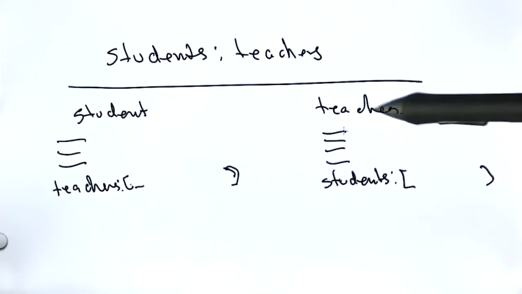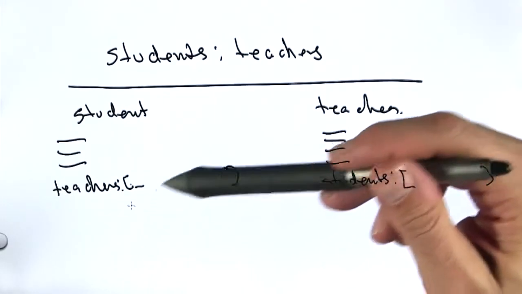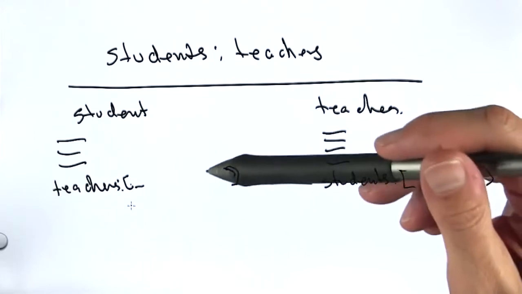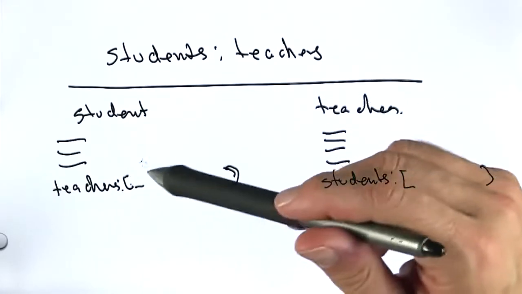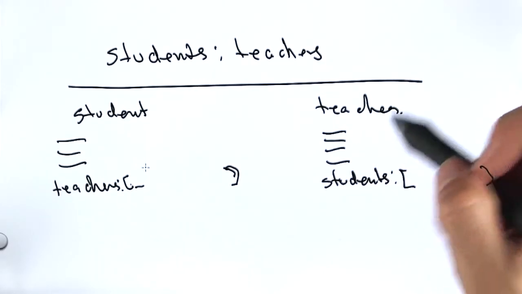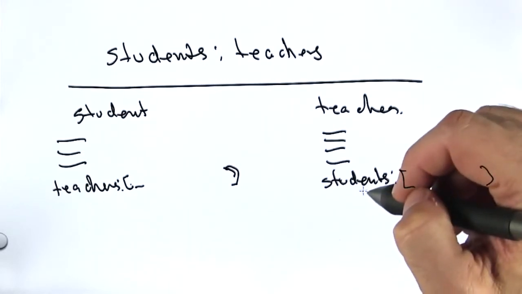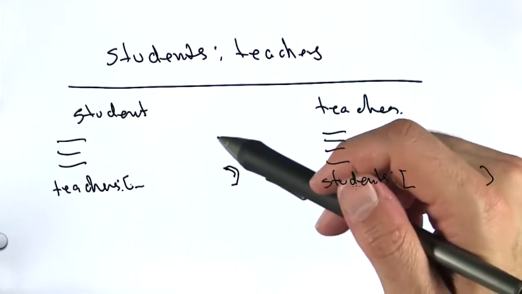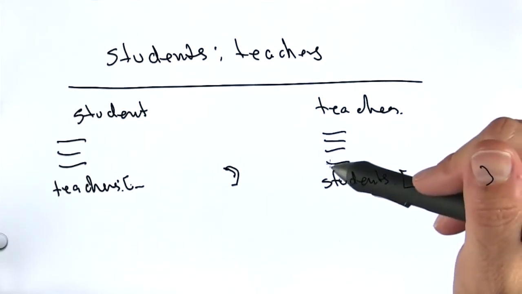Now that wouldn't be a good idea in the case of embedding teachers in the student collection, and the reason is there's a very good chance that you want to insert a teacher into the system before you have students. And you may want to insert a student into the system before he has teachers. If you do embed like that, then you are requiring that the parent object exist in order to represent the child object. And that may not map to what the application wants to permit.